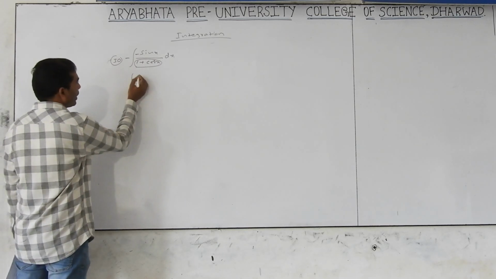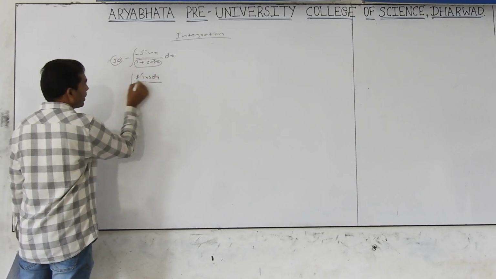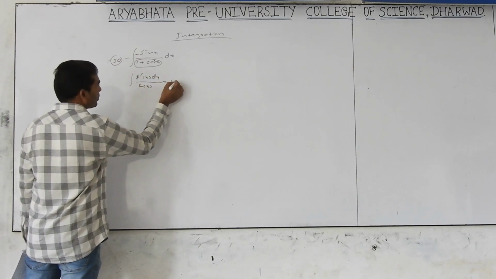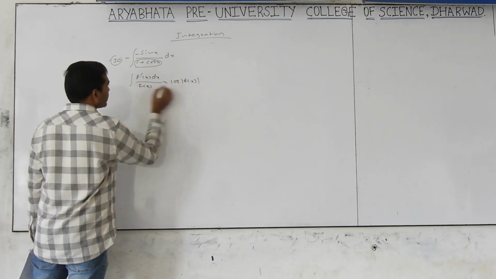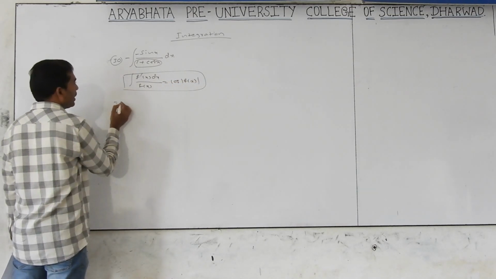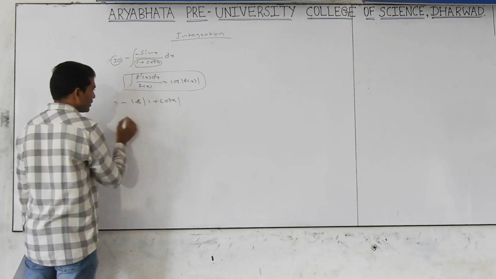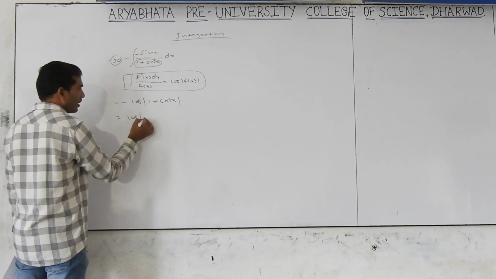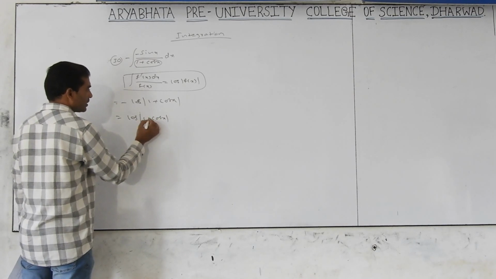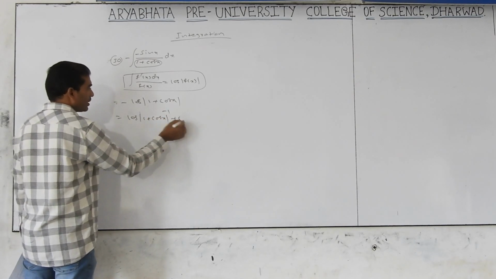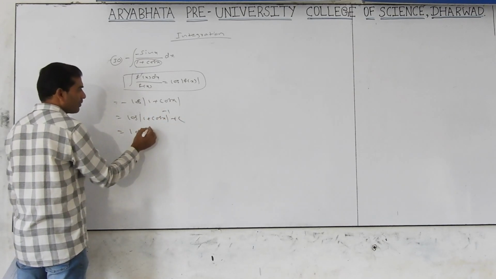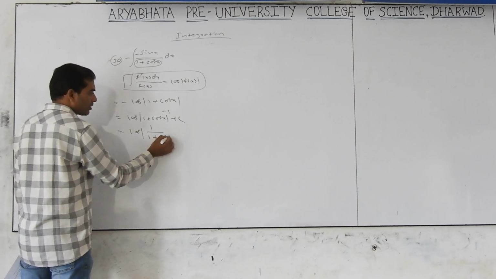So it is in the form of f dash x dx by f of x, equal to log of f of x. So minus log of 1 plus cos x, which is log of 1 plus cos x whole power minus 1, which is equal to log of 1 by 1 plus cos x.